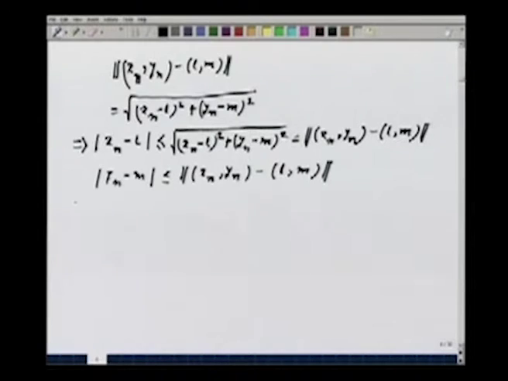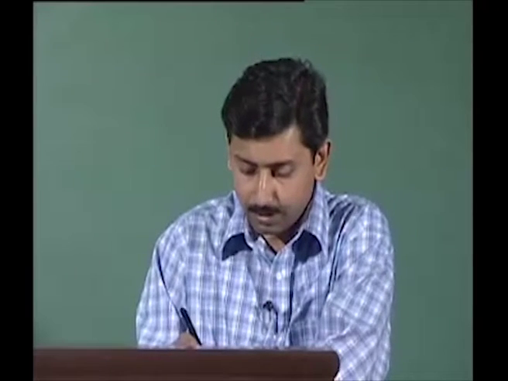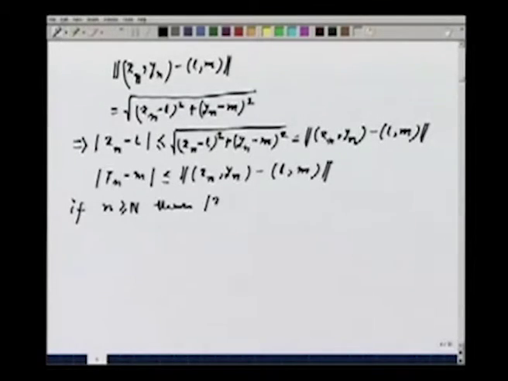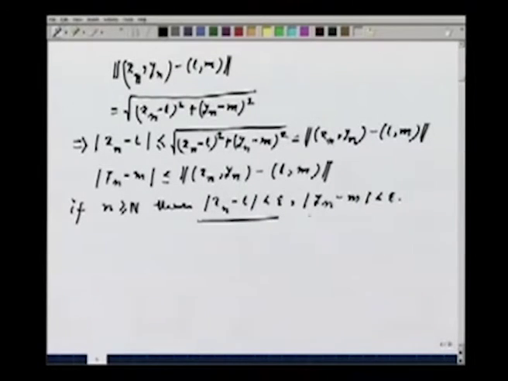Now if little n is bigger than or equal to capital N, since the norm of (xn, yn) minus (L, m) is less than epsilon, it follows that modulus of xn minus L is less than epsilon and modulus of yn minus m is less than epsilon. So what I got is that given any epsilon bigger than 0, there exists a capital N such that if n is bigger than or equal to capital N, then modulus of xn minus L is less than epsilon, and modulus of yn minus m is also less than epsilon.